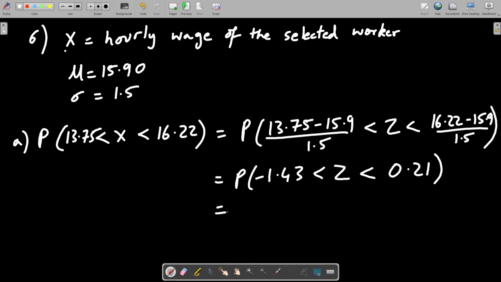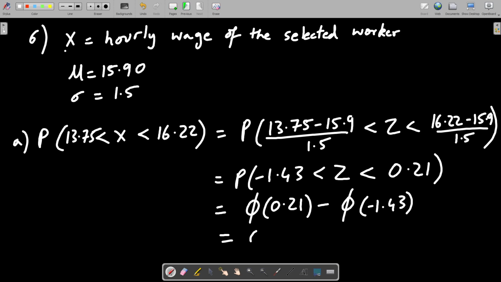So this is phi of 0.21 minus phi of minus 1.43. This we know will become phi of 0.21 plus phi of 1.43 minus 1 on simplification.